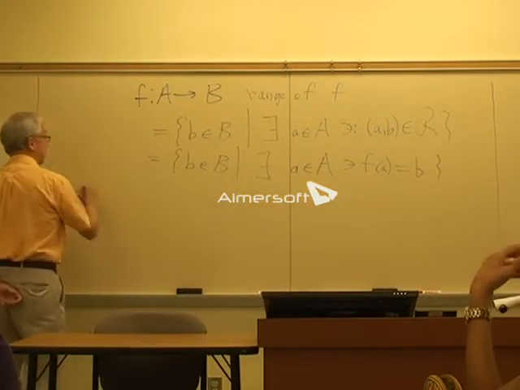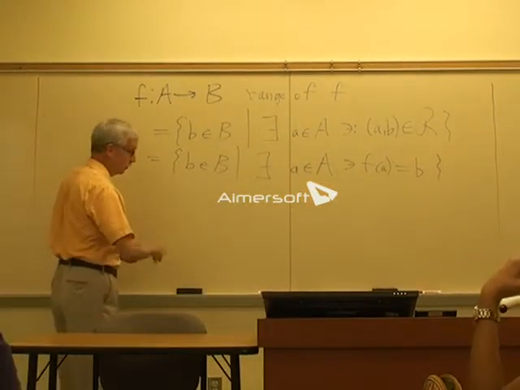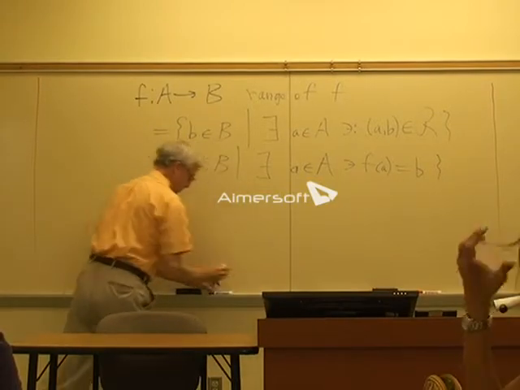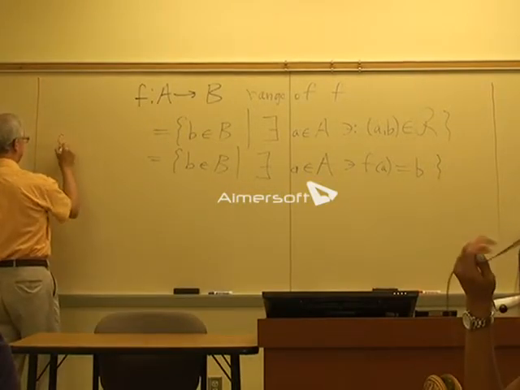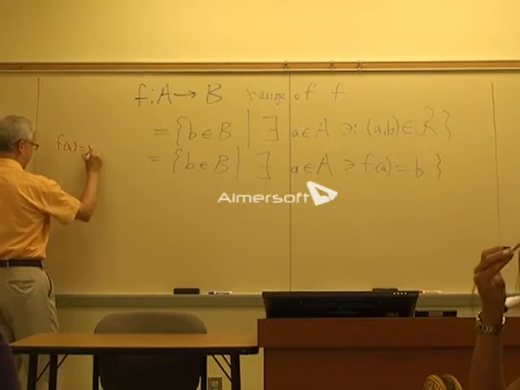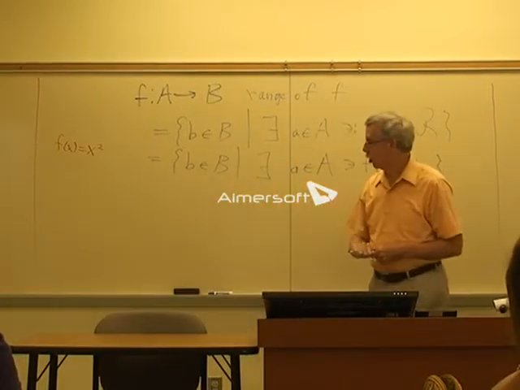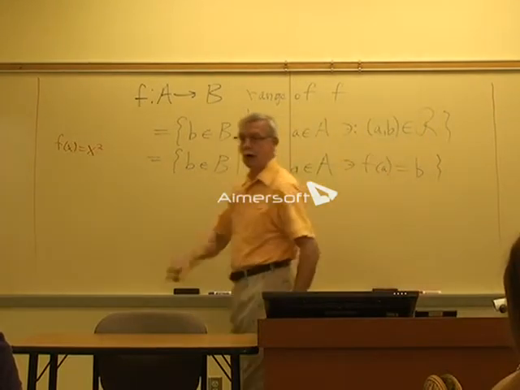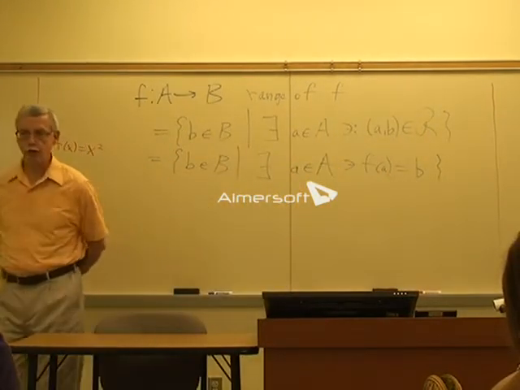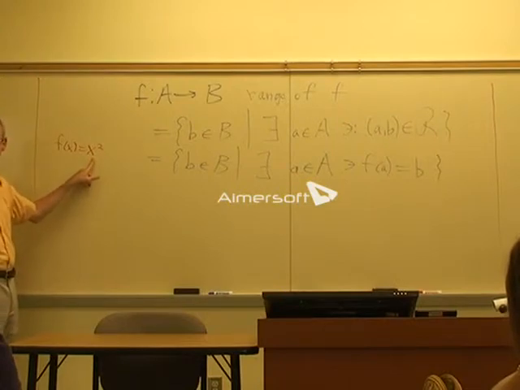So for the function, side note here, f of x equals x squared on the reals. What are all the real numbers I get to through that map? Or easier to say, which are the ones I can never reach with this map? Which are the negative values I can never reach, right?